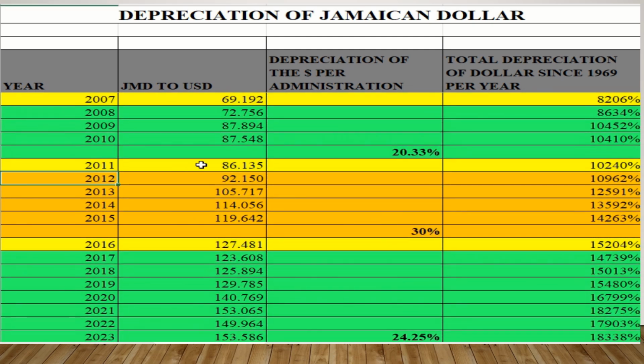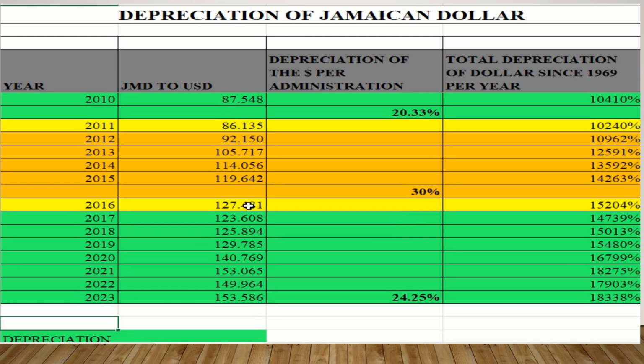In 2011, there was an election. In 2012, the dollar was valued at 92.15. Close to the end of the PMP's administration, it was valued at 119.642, a depreciation of 30%. Again, well done, Mr. Politician Man. In 2016, there was an election. Prime Minister Holness came in and made promises.